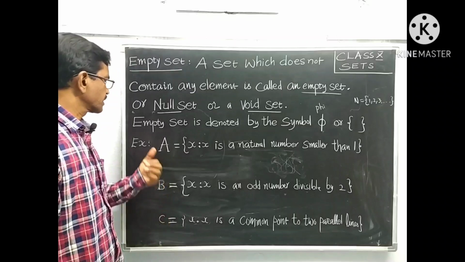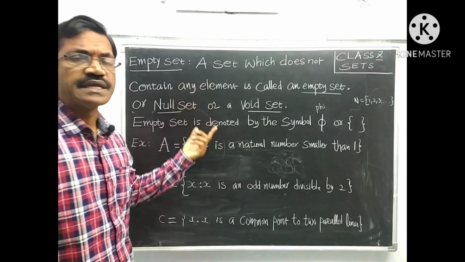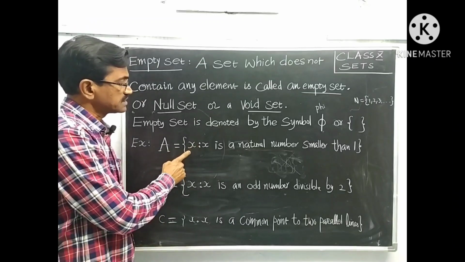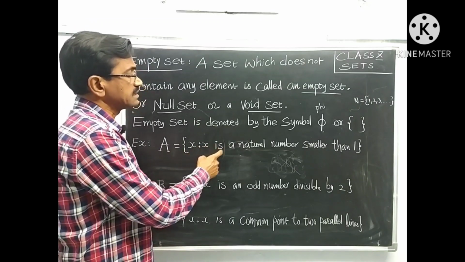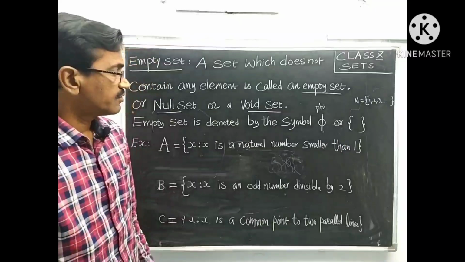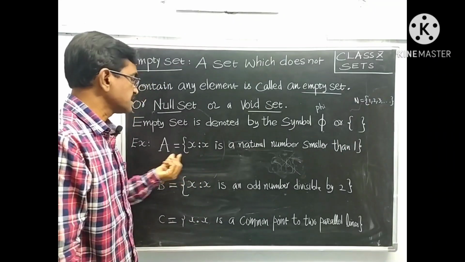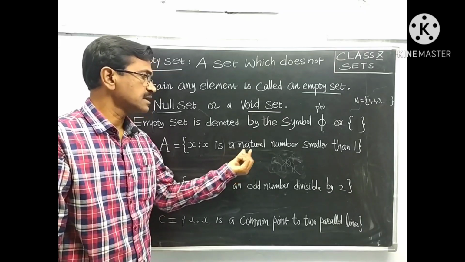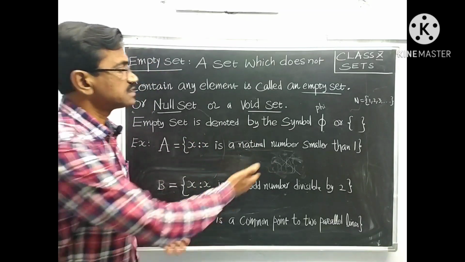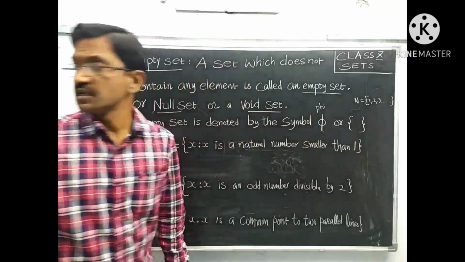Here, let us understand the concept by taking some examples. A is equal to set of x such that x is a natural number smaller than 1. We have to write elements in the set A by taking natural numbers which are smaller than 1.